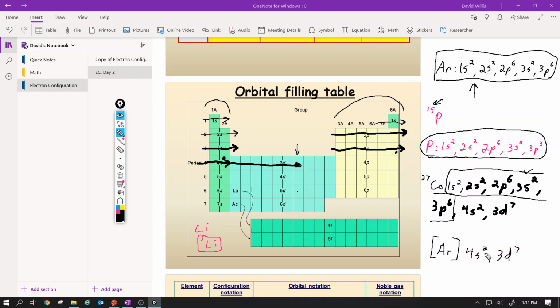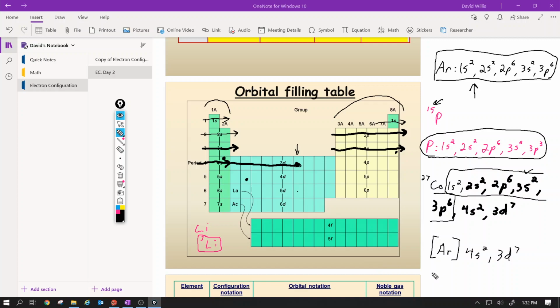So here's what I'm going to do. Let's say that I want to do this one. Second one on the fifth, zirconium. Oh, you said the second one. Okay, the second transition metal, so number 40, zirconium, Zr.